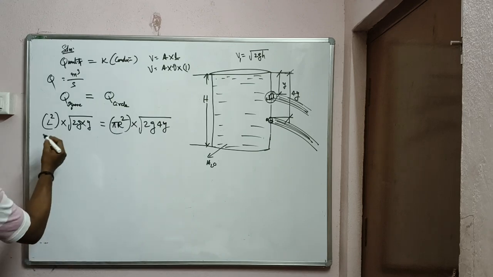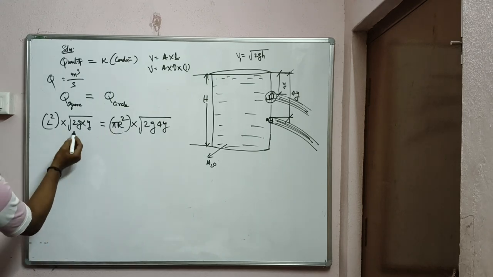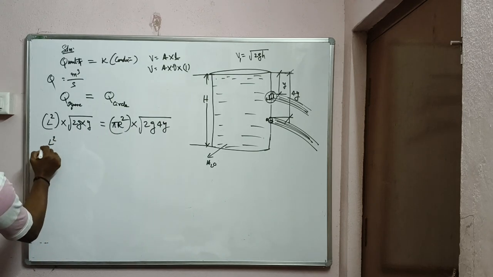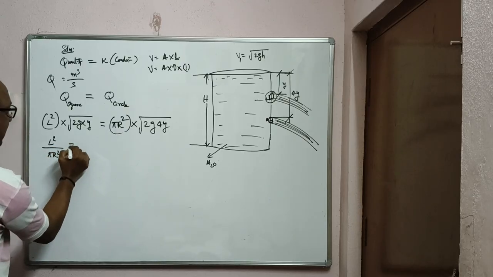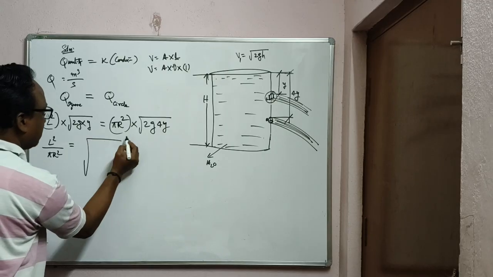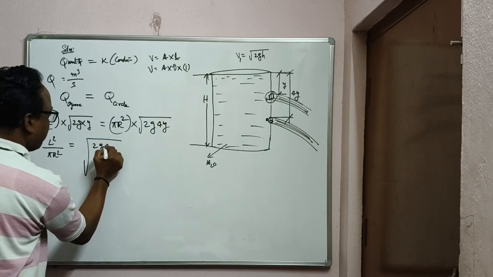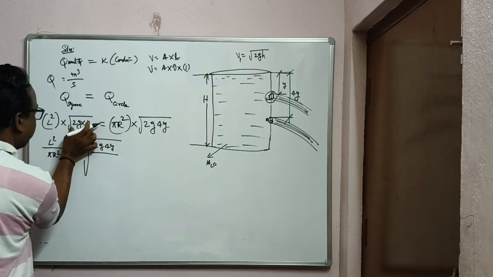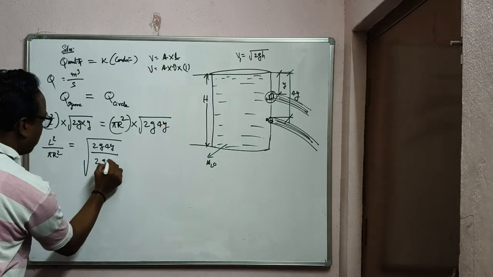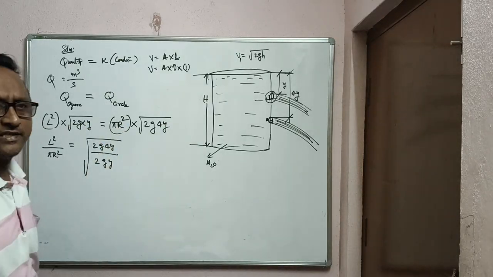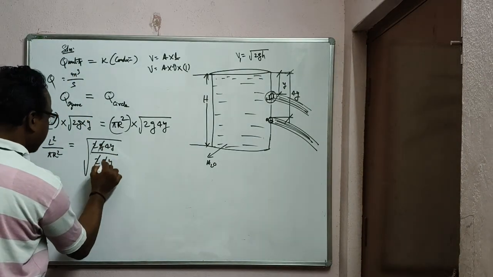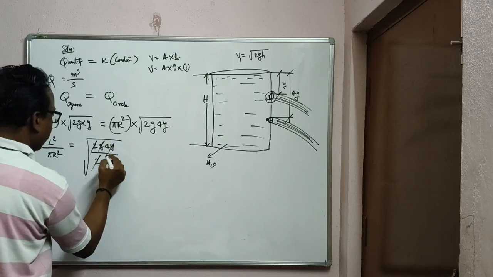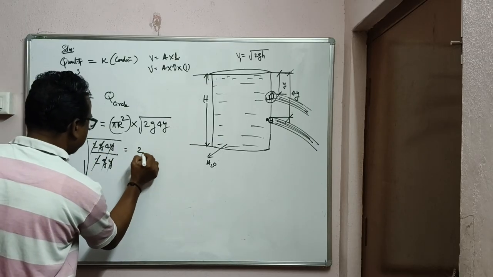Okay, let's solve this carefully. Here what I'll do is L square by pi R square equals root 2g into 4y divided by root 2g into y. I can write it like that, right? Root a by root b is equal to root of a by b. So root 4 is how much? 2.